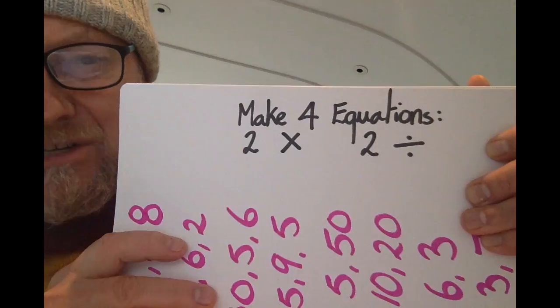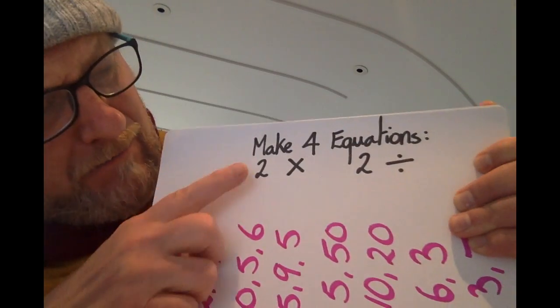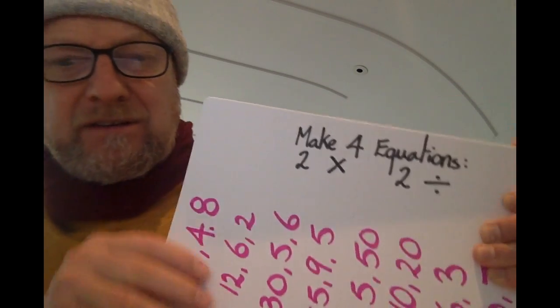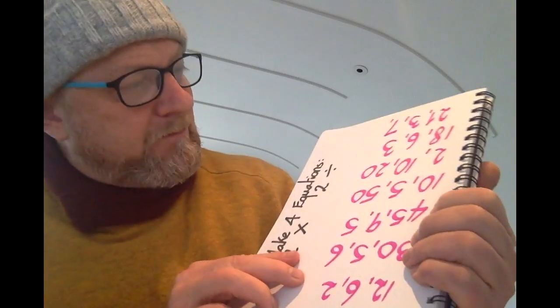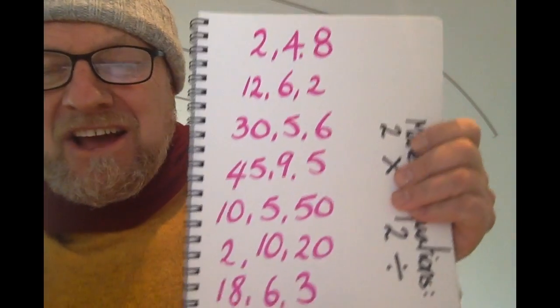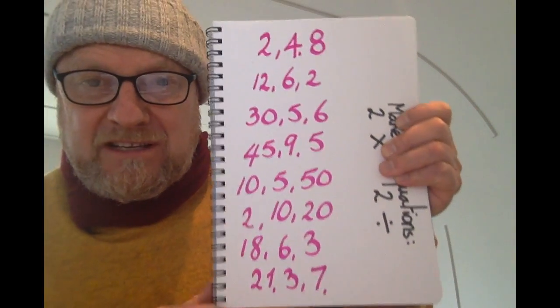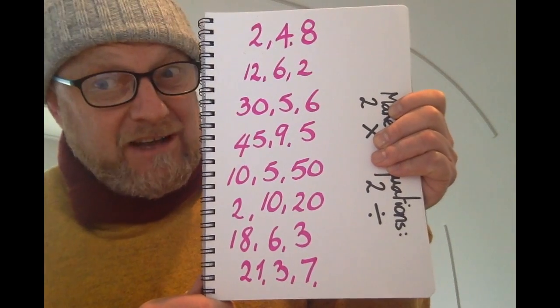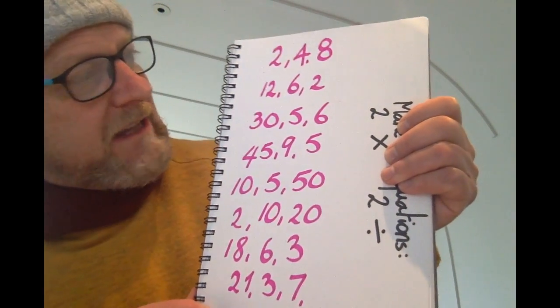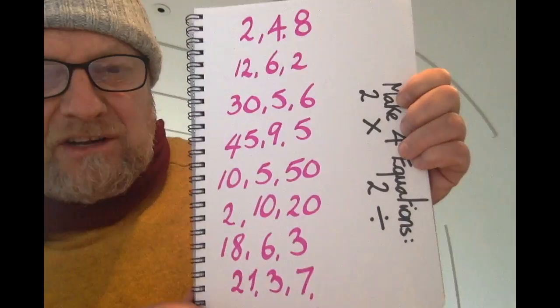So here are the sets of numbers. Make 4 equations using 2 multiplication and 2 division. I'm going to put an upload that you can download. But these are the numbers that I want you to try, and we can try them in class.